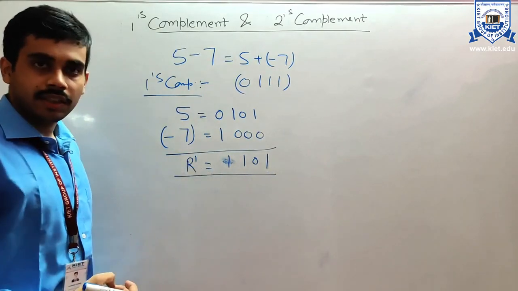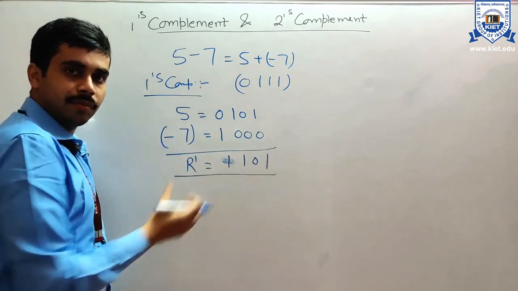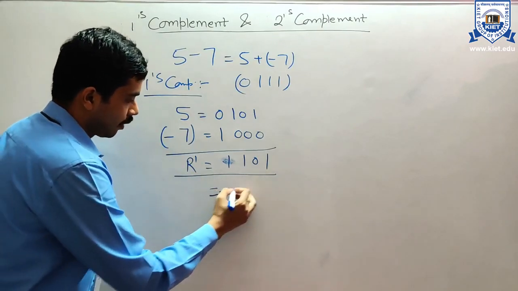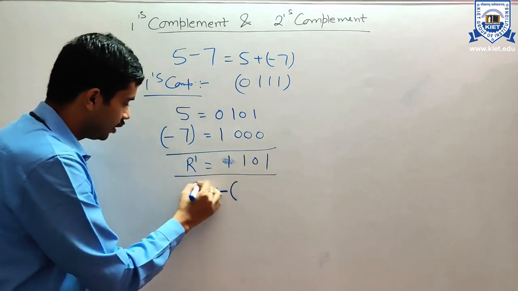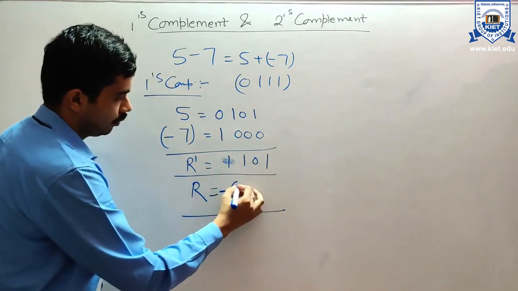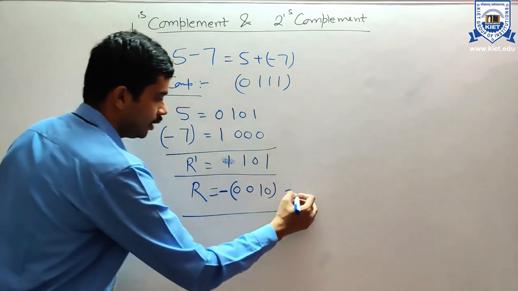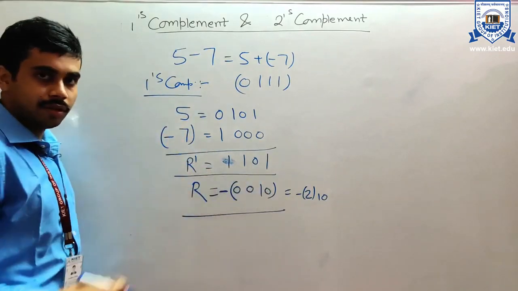But if it is not generated, then we take the 1's complement of the result and put a minus sign, and we get our result. So minus of the 1's complement of this, minus of 0 0 1 0, which is minus of 2 base 10. So 5 minus 7 is minus 2.